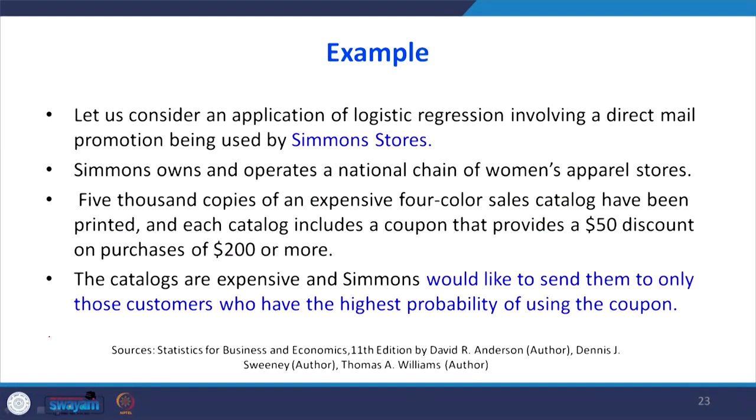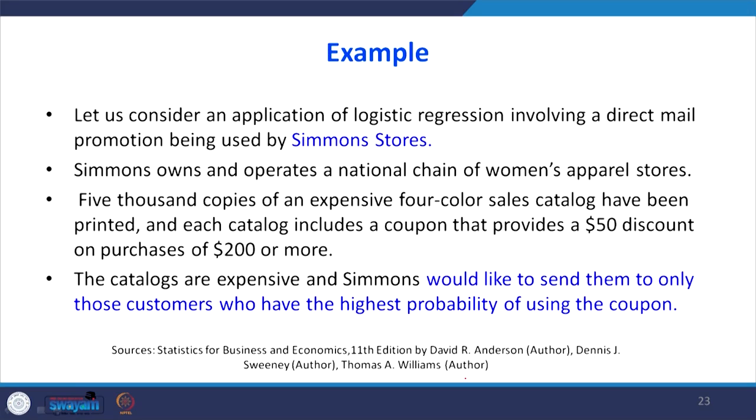This example is taken from the book Statistics for Business and Economics by David Anderson, Sweeney and Williams. Let us consider an application of logistic regression involving a direct mail promotion being used by Simmons stores.